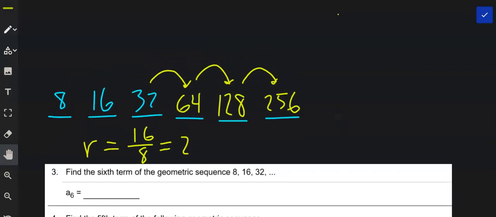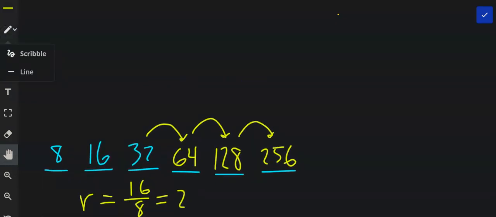Okay, so we have done that particular question. Let's make it more interesting. Let's find the 80th term. We are not going to continue to multiply by 2. We are going to create a formula for this.